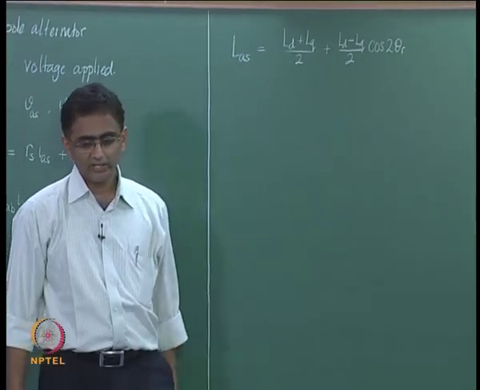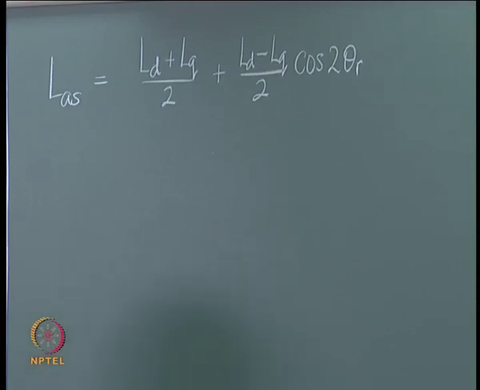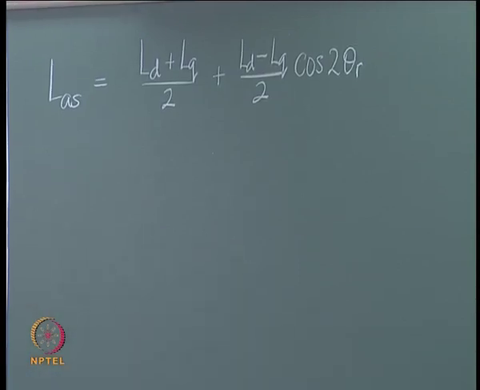If you remember back, this is the expression that we wrote where LD and LQ are inductances that take into account equivalent air gaps along the direct and quadrature axis.